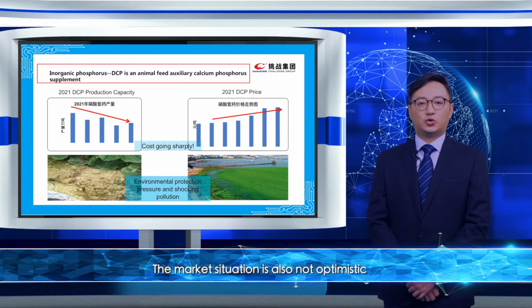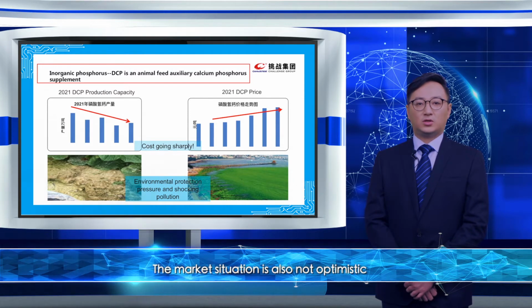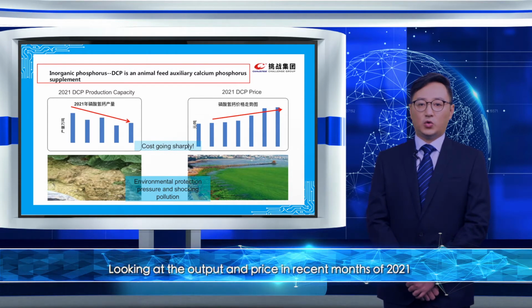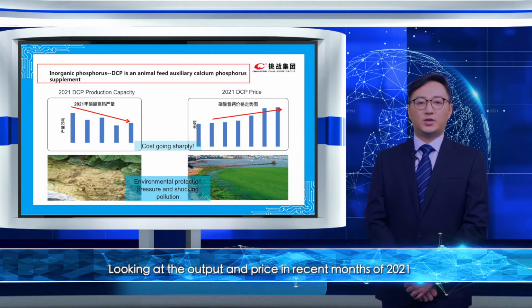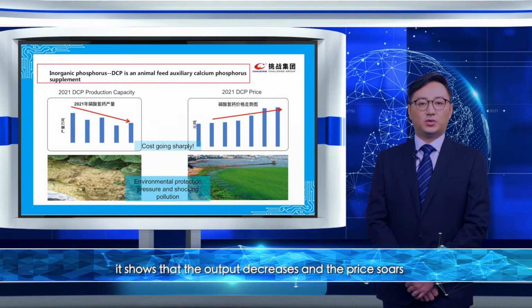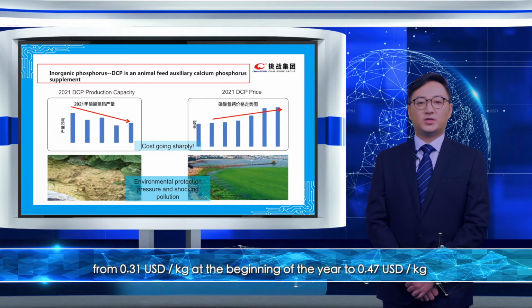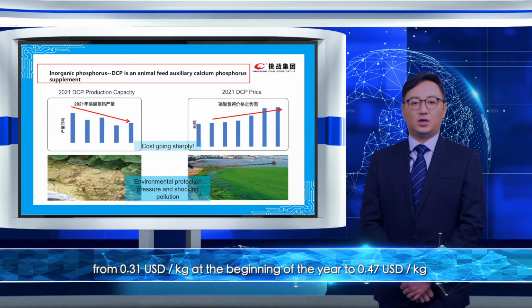The market situation is also not optimistic. Looking at output and price in recent months of 2021, the output decreased and the price soared from 0.31 USD per kilogram at the beginning of the year to 0.47 USD per kilogram.